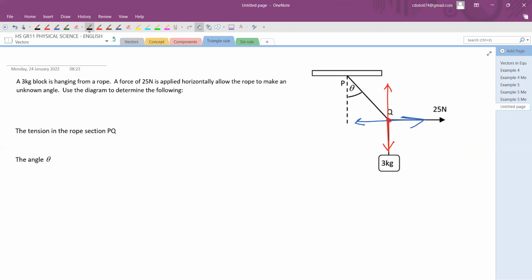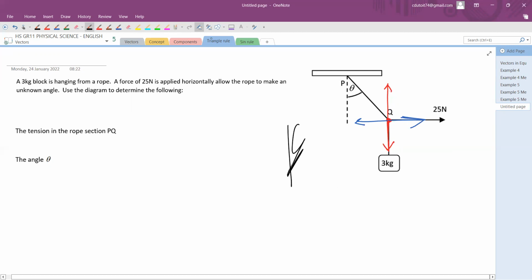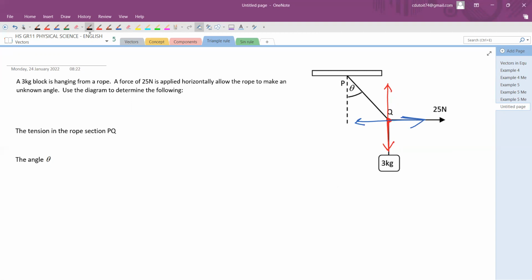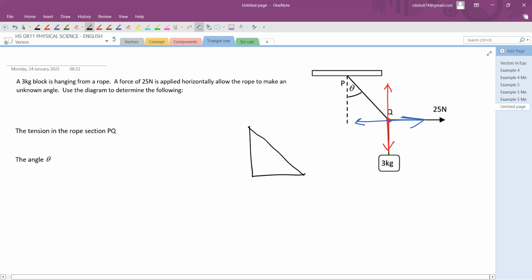So that makes another triangle. Okay, I'm just going to draw it slightly different so you can actually follow what I'm doing. So there's an upward force from Q. There's a force to the right and a force to the left. So that and there's another PQ value there. So this force here is 25.